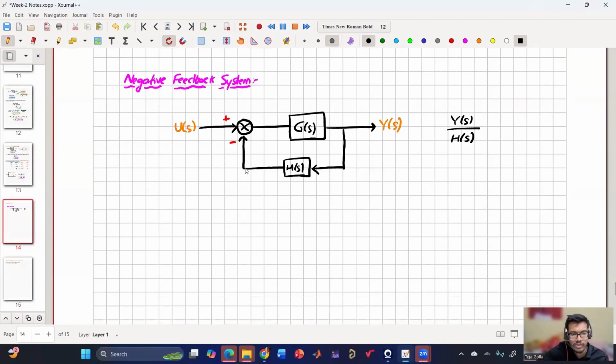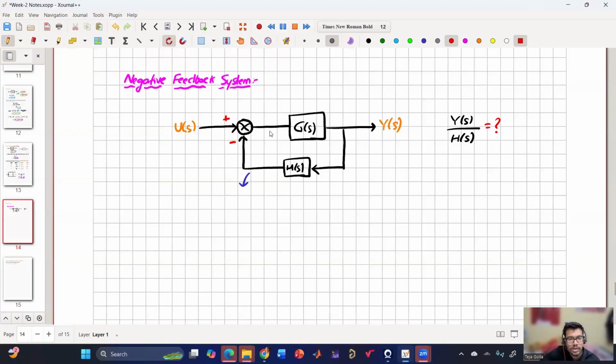So we can do a simple calculation. If this is Y of S, what is this value? If this signal is Y of S, what will be this value passed through H of S? Anyone?